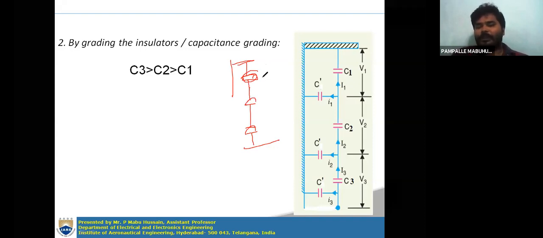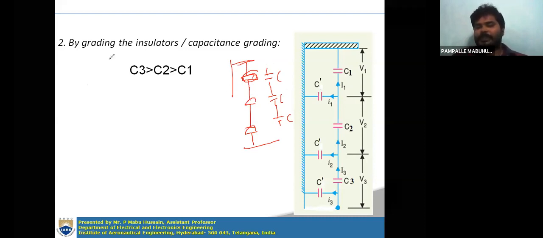In the previous case we assumed that all the discs are of similar size, so they have the same size and equal capacitance. So capacitance will be C for all the 3 insulators. But to improve the string efficiency, we will use different size insulators here.